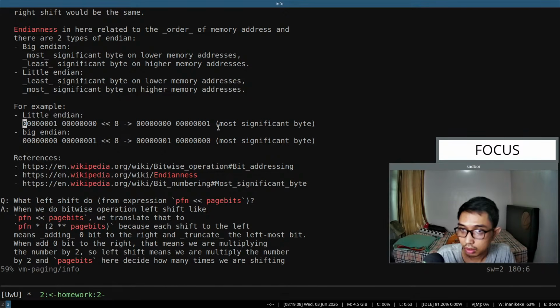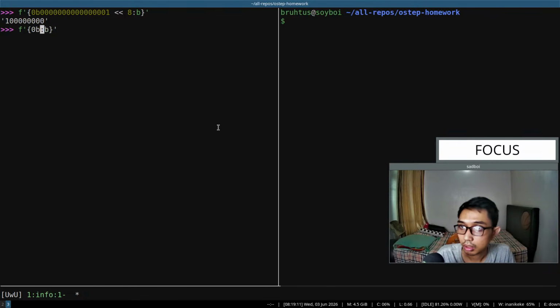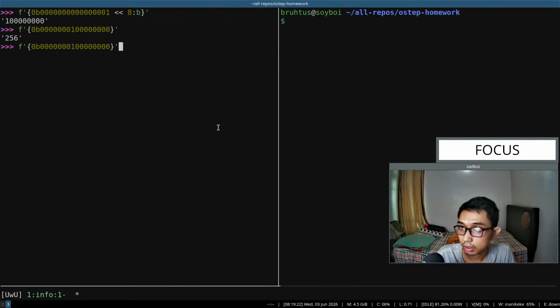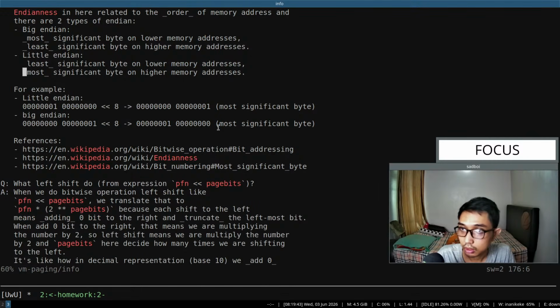Let me try this. Not byte. Okay. Alright. 256. And then change that to this one. Wow, no. Interesting. Yeah, I'm trying to understand the most significant byte and the least significant byte here.